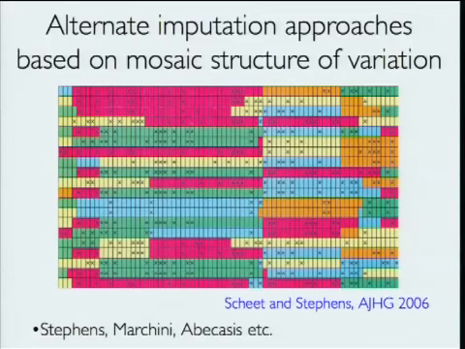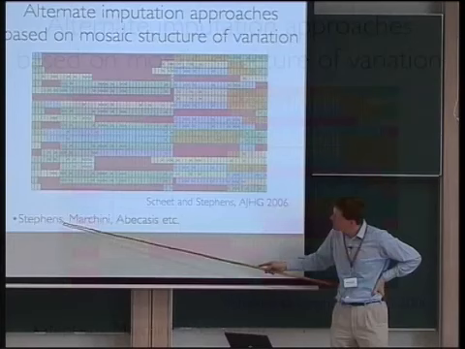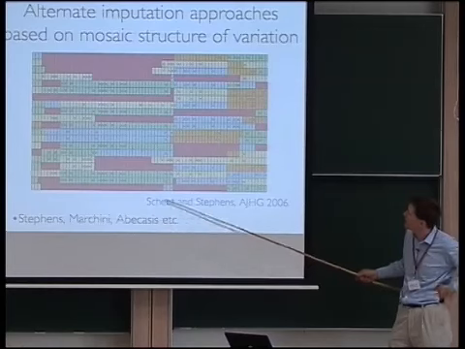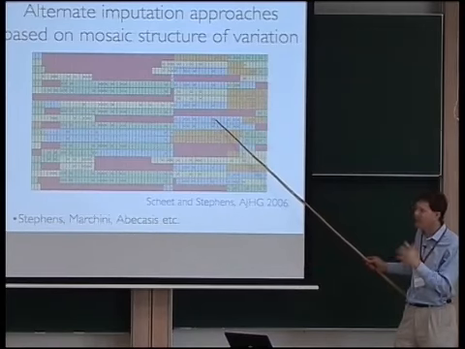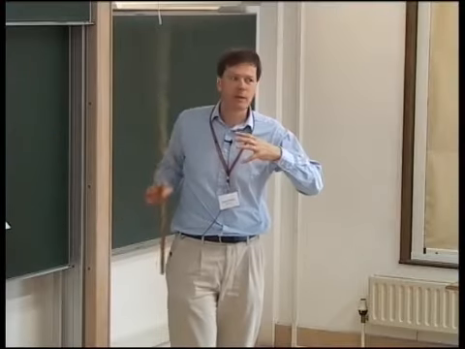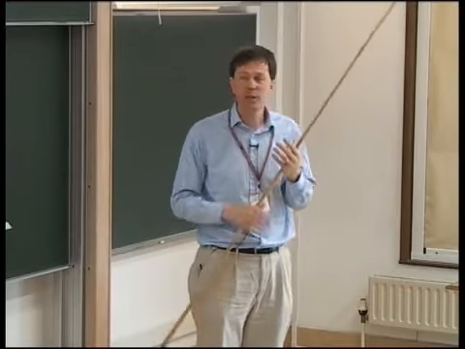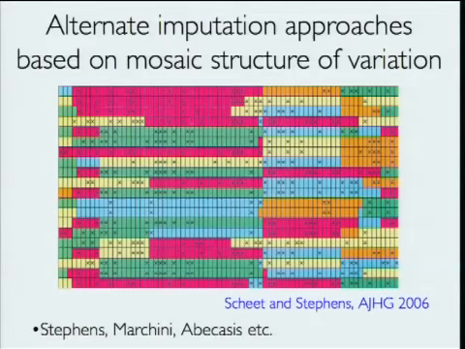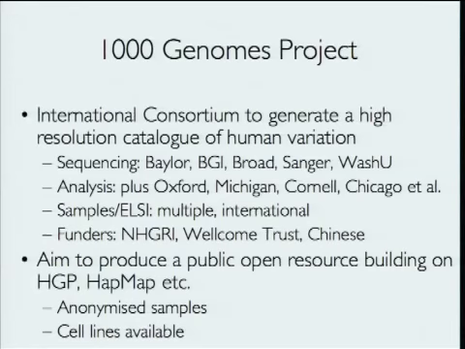And you can model any new individual as a mosaic combination of pieces of other individuals. There's a set of methods by Matthew Stephens and Jonathan Marchini and Gonzalo Bacasis and others that do that. They behave very similarly in terms of filling in missing data and imputation. They're probabilistic models of the relationship between sequences. Although it's not clear how they'll behave as you go to lower allele frequencies, I'd say.